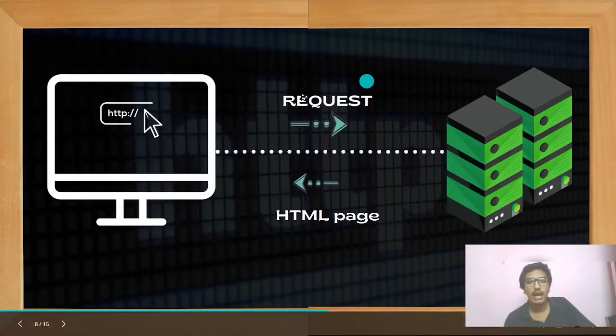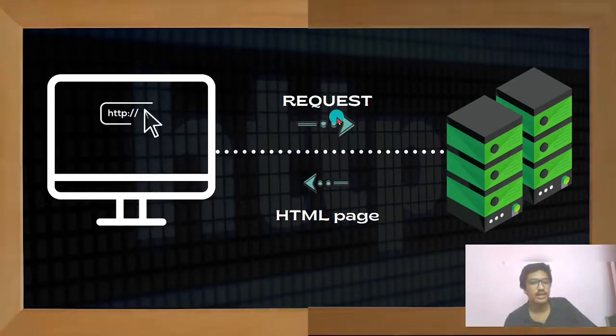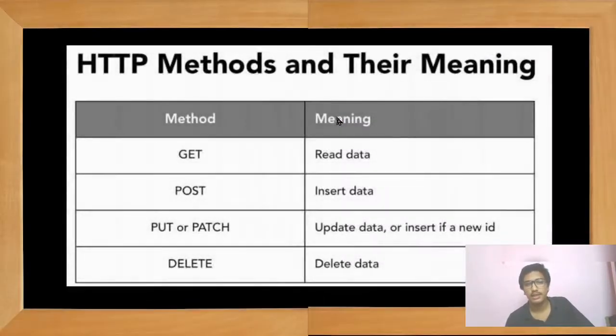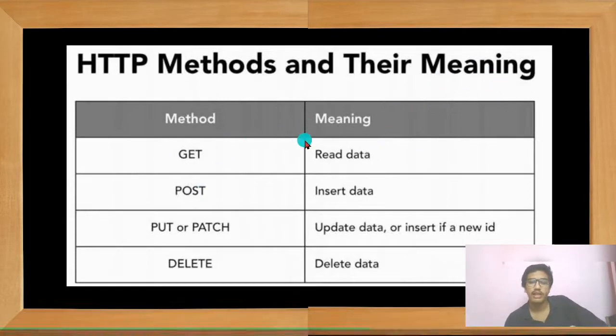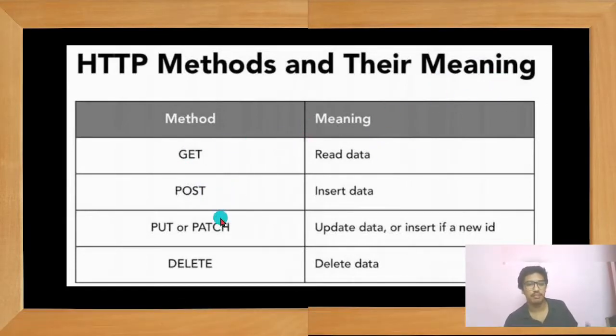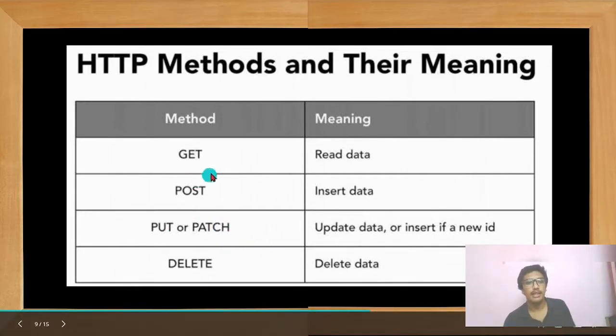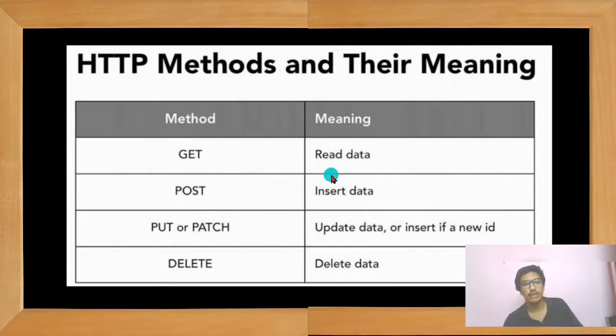Now let's see what these requests are. These are the HTTP methods and their meanings. The available requests are GET, POST, PUT, PATCH, and DELETE. The GET request helps us read data. POST helps us insert data into the servers. PUT or PATCH helps us update the data.